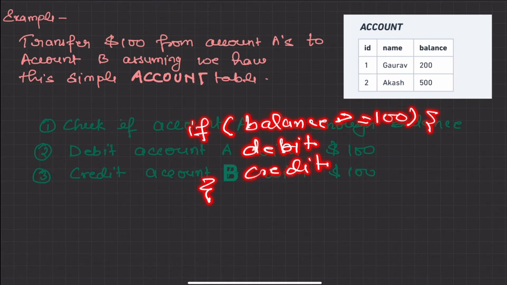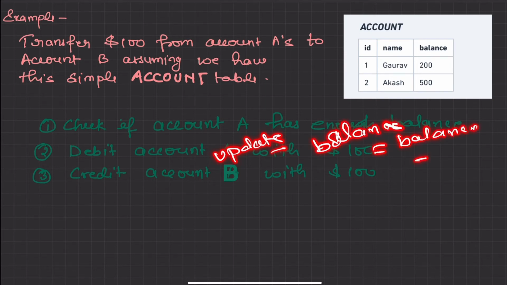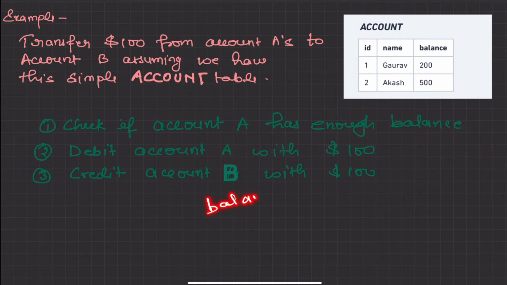This is nothing but an update operation, setting balance equals to balance minus 100. And for the other account, balance equals to balance plus 100. So this is select, this is update, this is update.